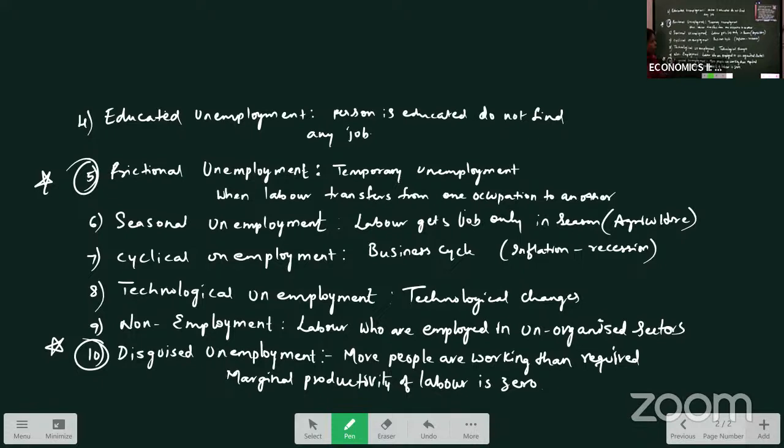Okay, so after the types of unemployment, now we will start with another question, that is causes for unemployment. Now, as we have seen the various types of unemployment, now let us see what are the causes for unemployment here.